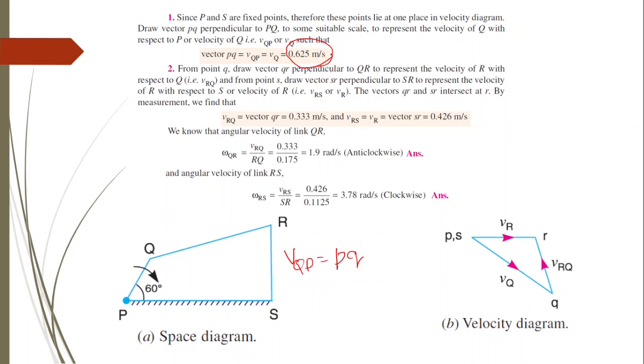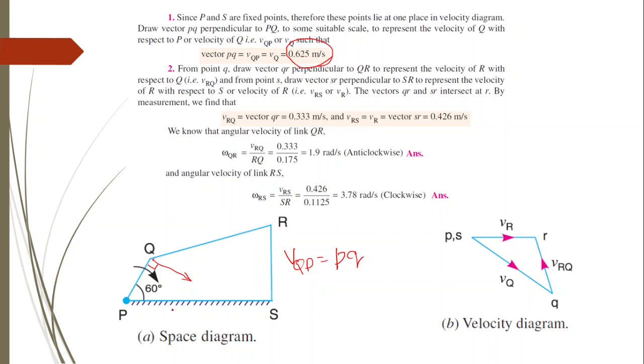We can take any convenient scale to represent that vector. The direction of pq must be perpendicular to link PQ, at 90 degrees, and since the rotation is clockwise, the velocity must be in this particular direction.